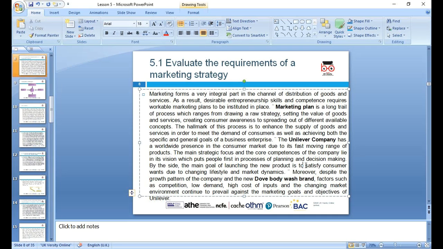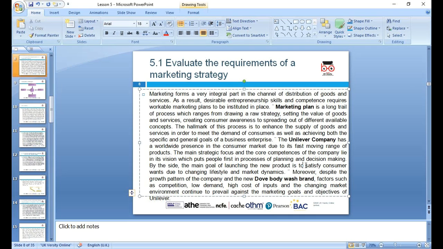Unilever, we all know Unilever. It used to be called Lever Brothers, Uni and Lever. Uni was a Holland company and Lever Brothers was a UK company. Merged together, they created a new name, Unilever. Various products, almost every one of us is really using Unilever products as well.